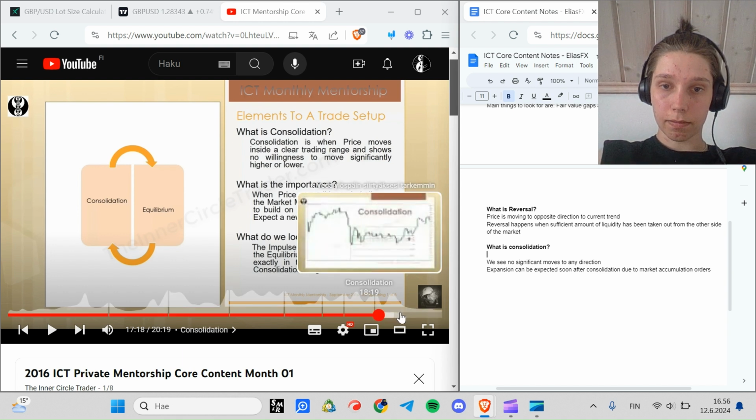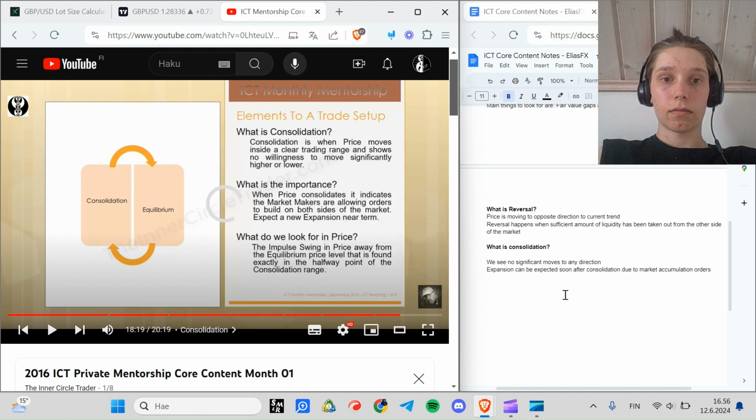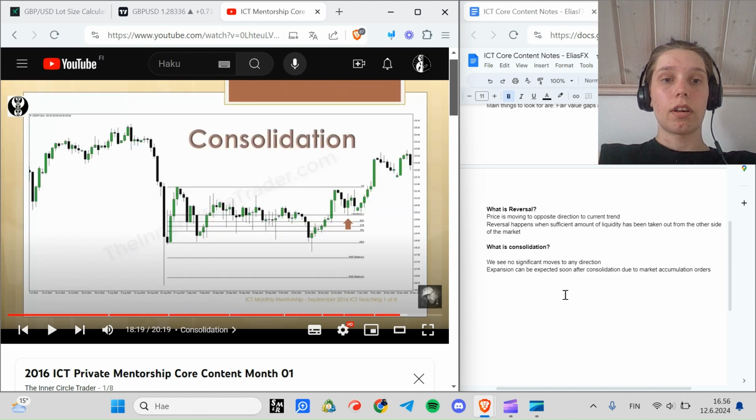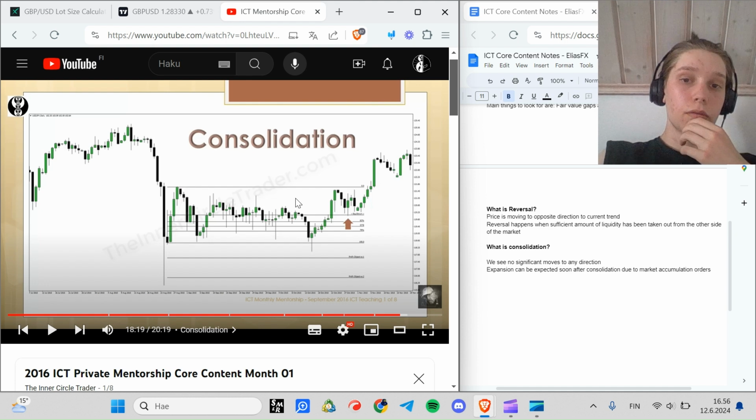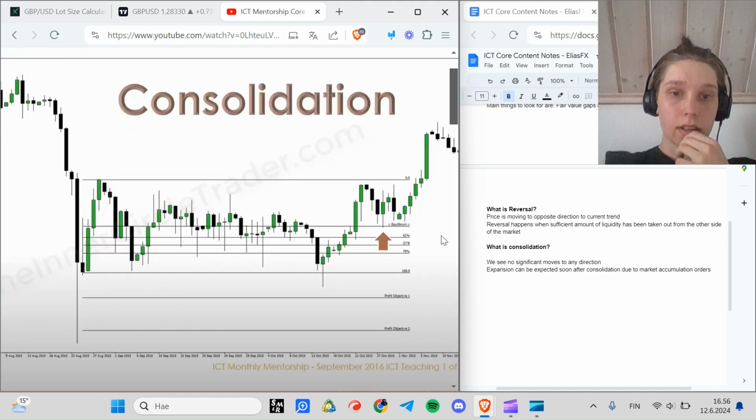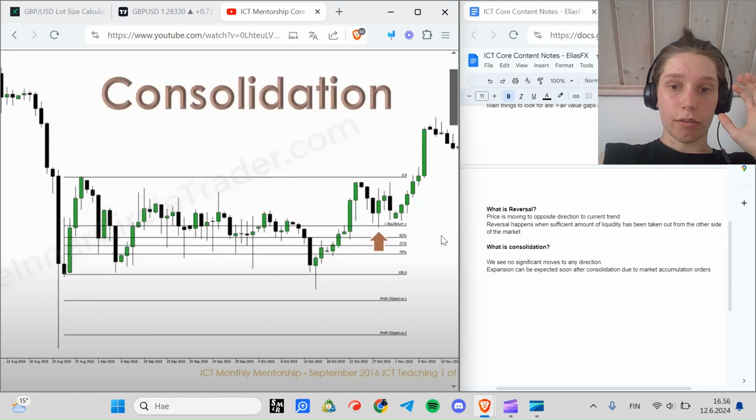And here is an example of consolidation, so you can see what's going on in here.